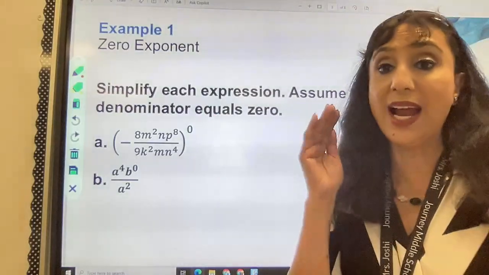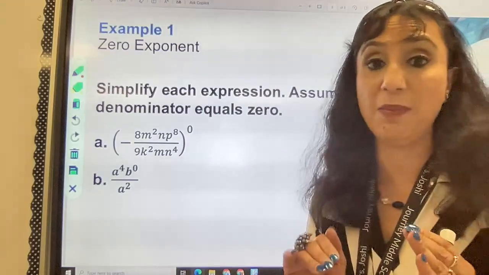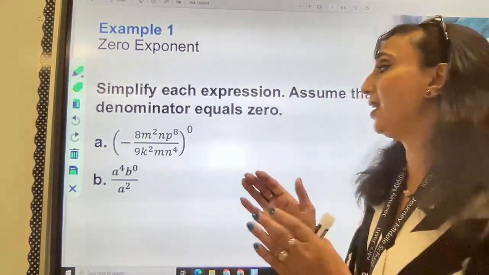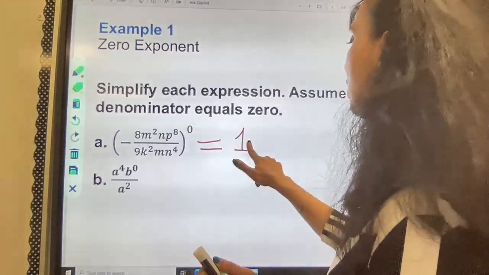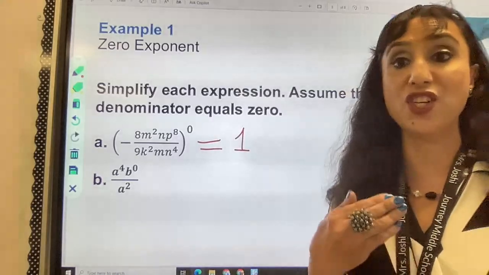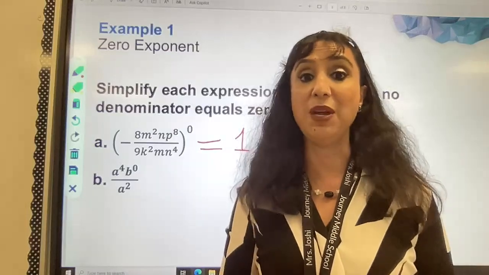I don't have to do anything, because since the whole thing is to the power of 0, my answer is going to be 1, because anything to the 0 power gives me 1.